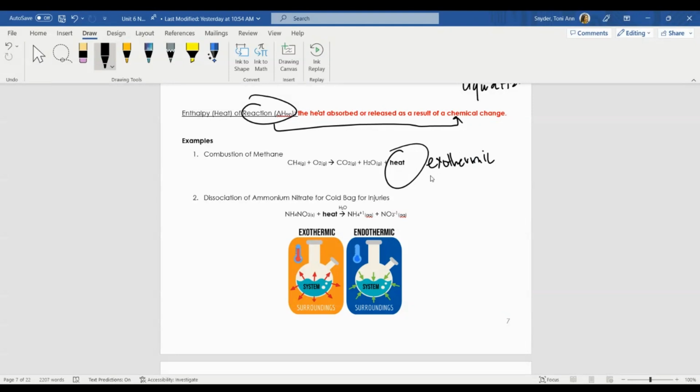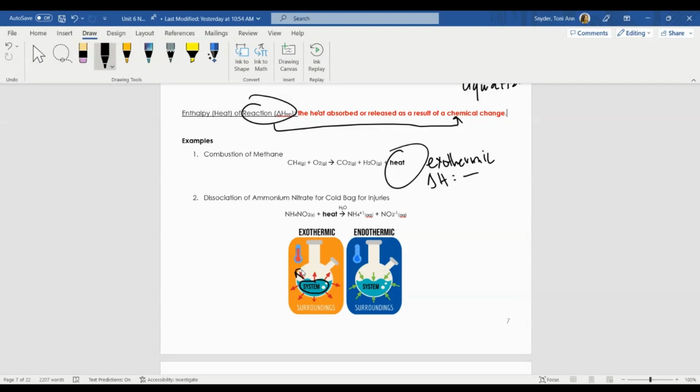Because this is an exothermic reaction, we know that your delta H would be negative because this is releasing heat to the environment. So if I take a look at this picture down here, exothermic means that this system is releasing heat. So the system would be the reaction that's occurring.